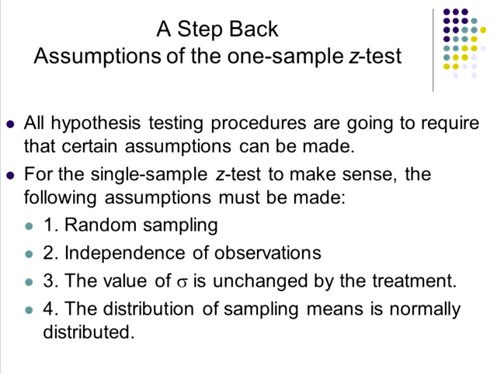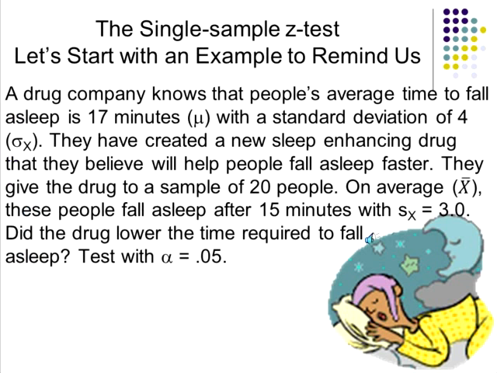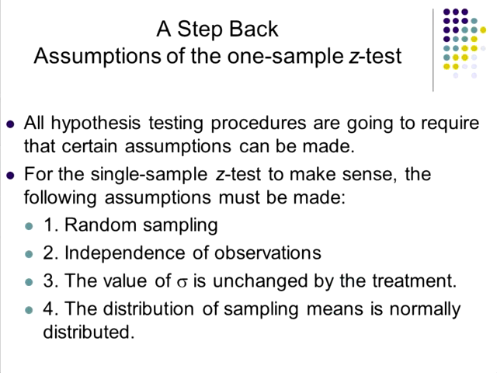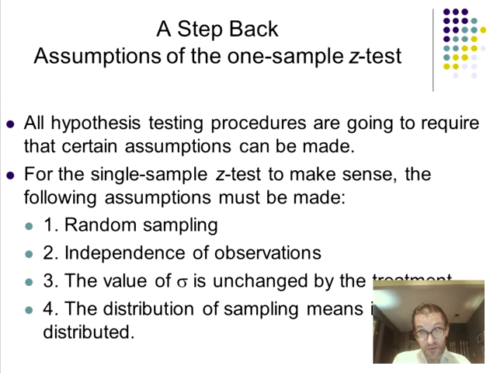The central limit theorem says the distribution of sample means will approach a normal distribution as the size of the sample, n, increases. Go back and review that one if you don't know what I'm talking about. So you don't need to worry about this. We have a sample of size 20, which is a pretty decent sample, so it is definitely assumed that the distribution of sampling means will in fact be a normal distribution.